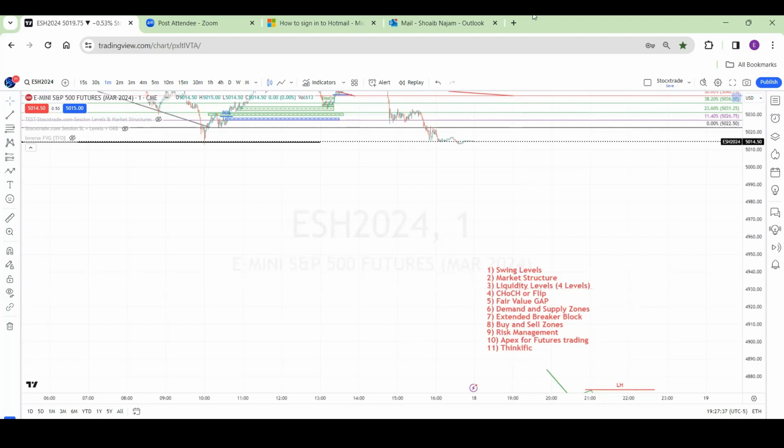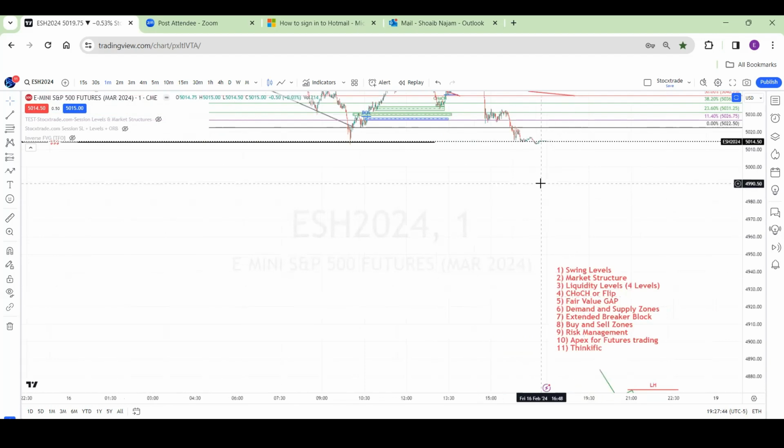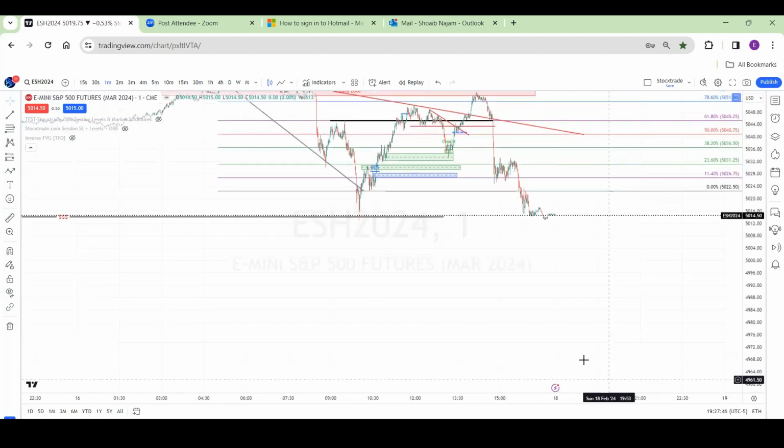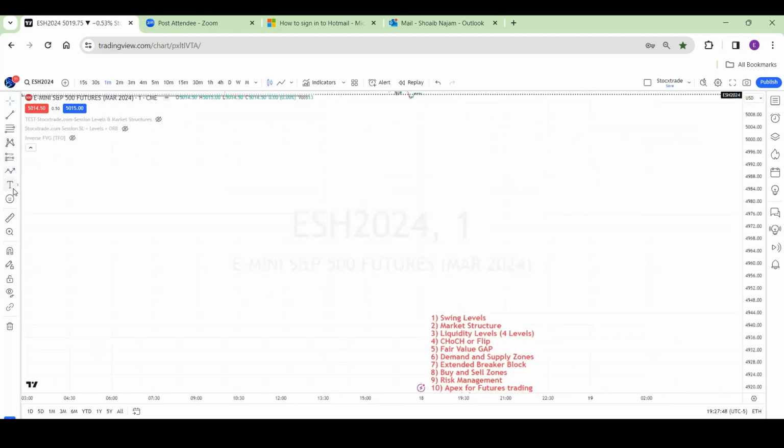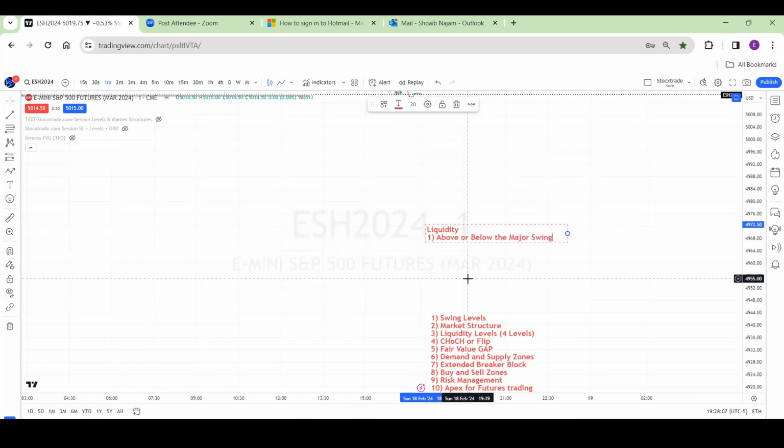So I wrote that liquidity levels are at four places. Basically, there are four levels where you can find the liquidity. First, you will find liquidity above or below the major swing levels.